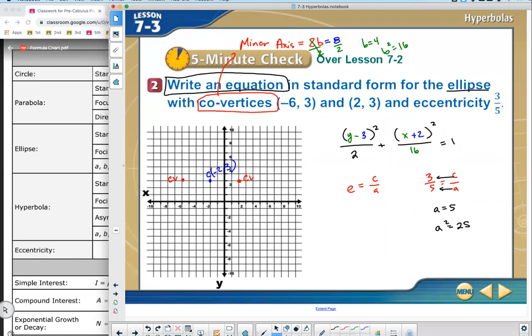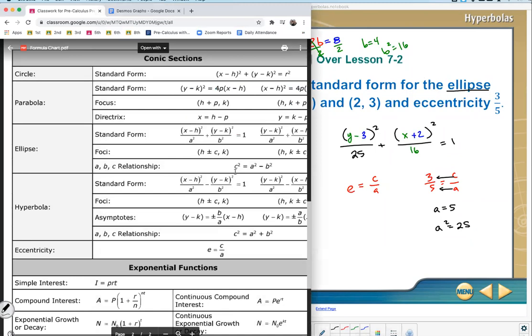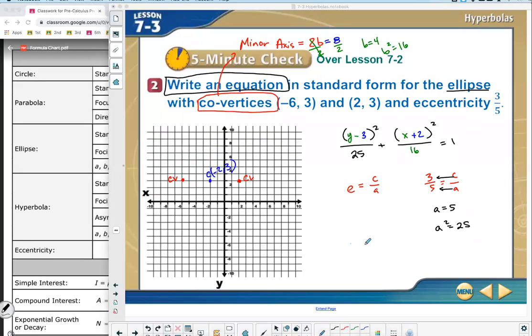Now I will tell you that sometimes it doesn't work quite as simple as this, because this could be a reduced fraction, meaning the numbers could be like, say, 6 and 10, something like that. But they'd have to follow that Pythagorean type of relationship, which our formula says, c squared equals a squared minus b squared.